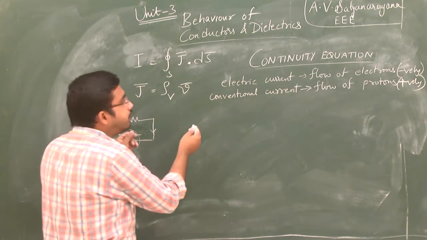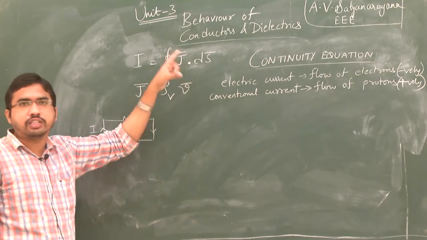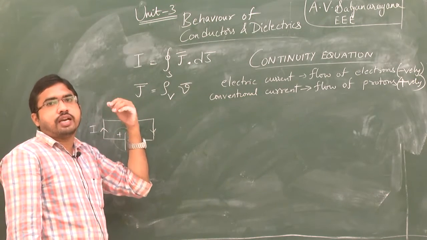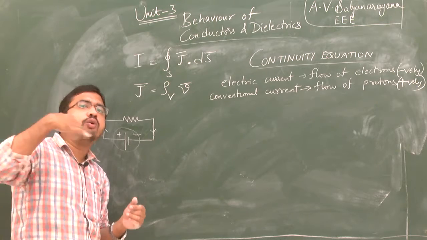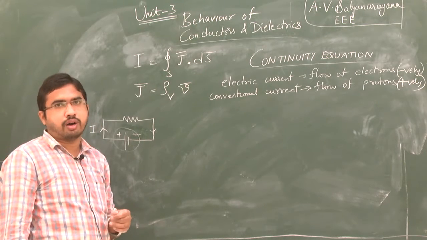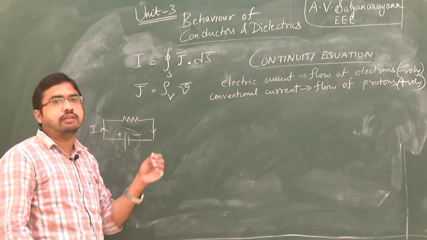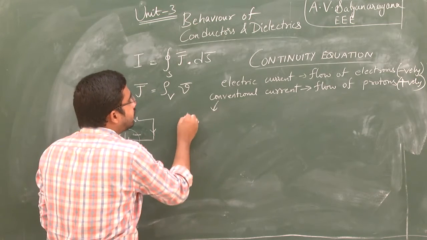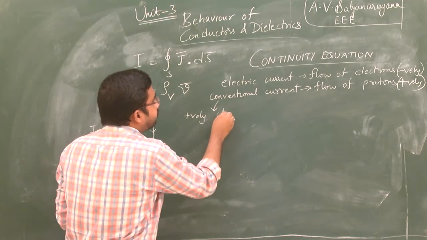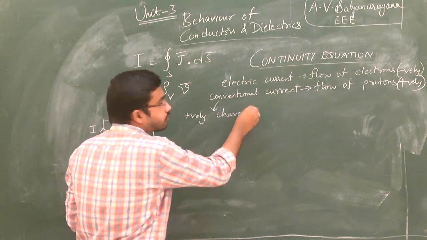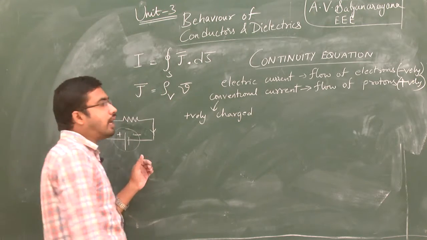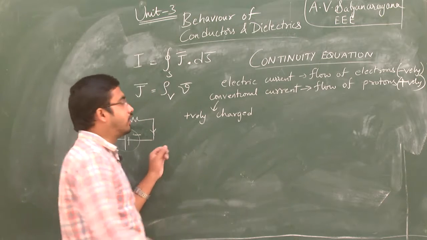Okay, that means if you consider the conventional current direction, the positive charges are passing out of that closed surface. Positive charged particles are passing out of the body. Conventional current means positively charged particles are flowing out from the closed charged surface that you are considering.